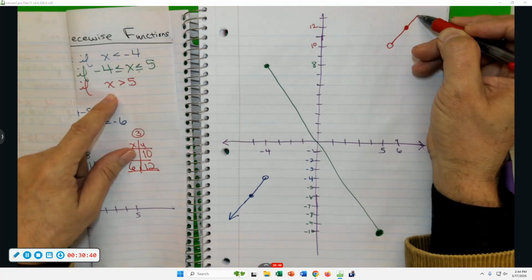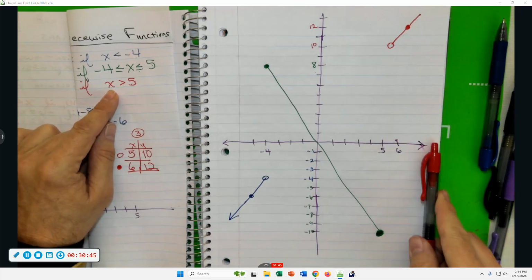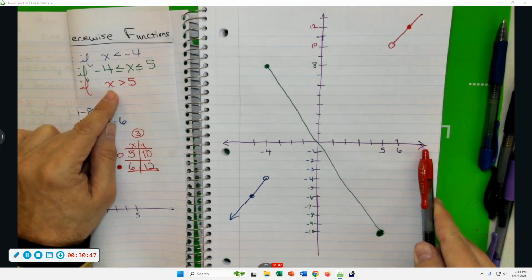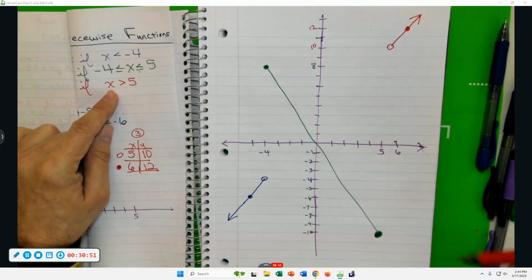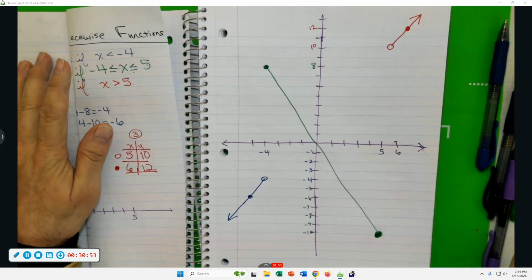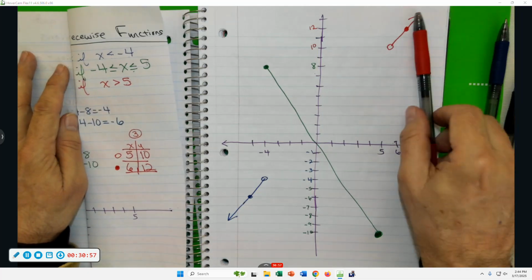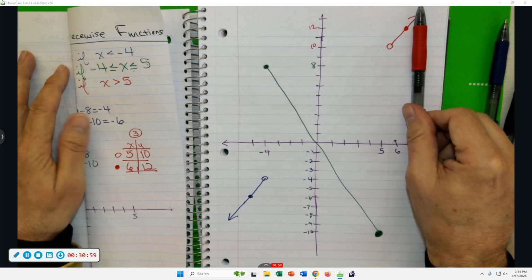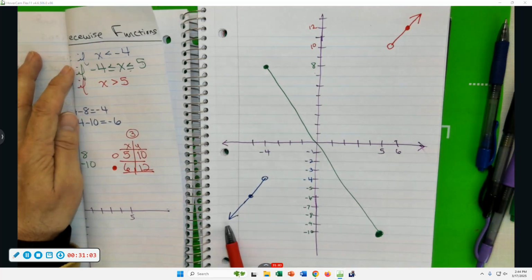Does this interval stop? X bigger than 5, it starts there and it keeps on going, so the right hand side of your graph keeps going. You can have at most 2 arrowheads on your graph. On the rightmost portion, you can have an arrowhead, and on the leftmost portion, you can have an arrowhead.